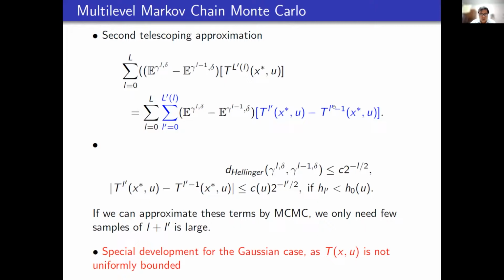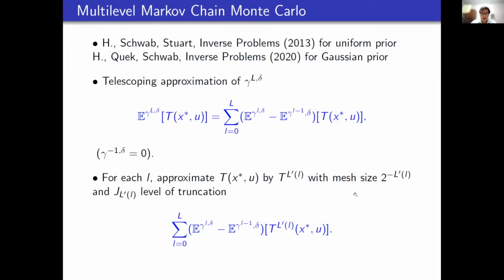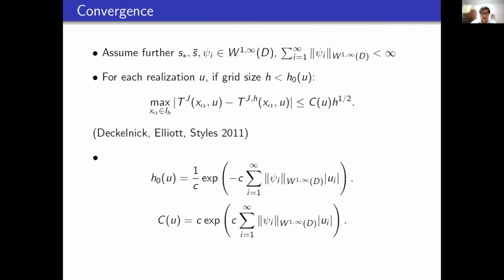And for the solution of the eikonal equation, well, we have this bound. This C_U here depends on U. And here I've got 2 to the minus L prime by 2. But this only holds if the mesh size is less than this bound H naught U, as you have just seen here. So we only have this bound when H is less than this H naught U.